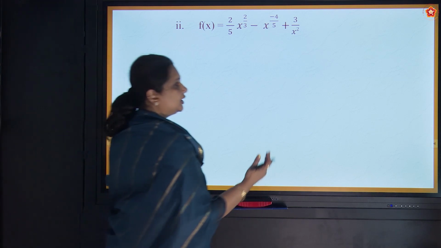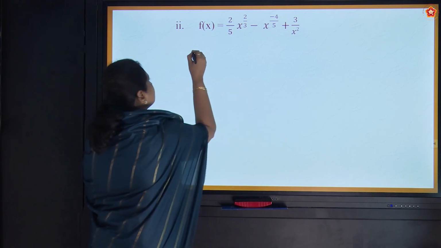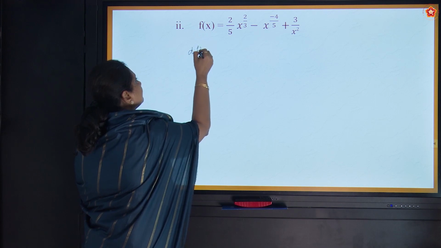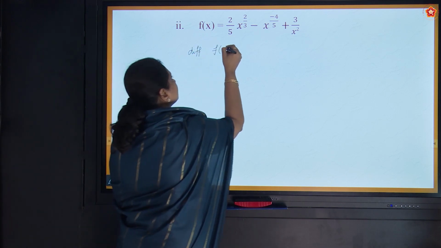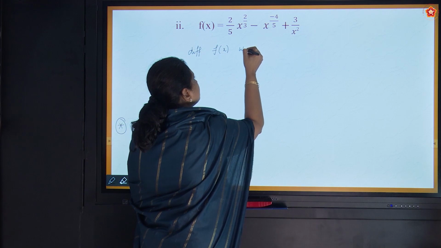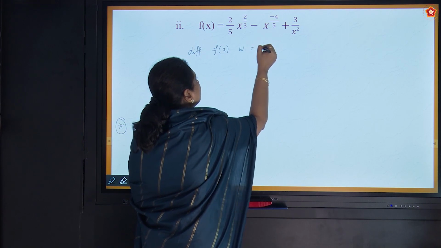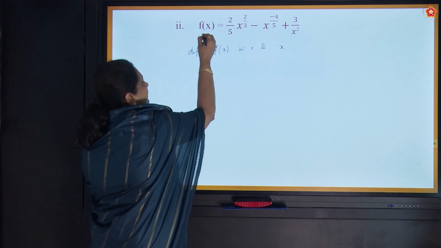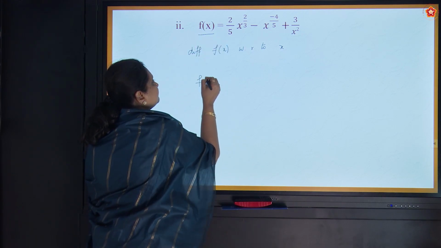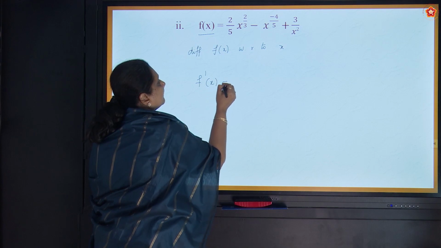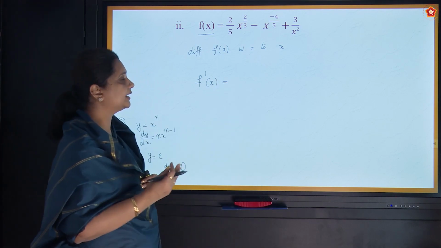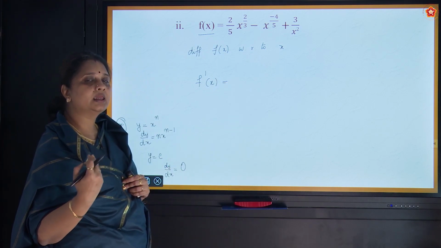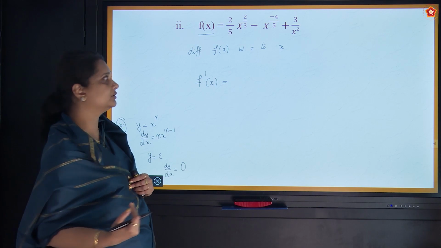So let me differentiate this. So differentiating f of x with respect to x, I get f dash of x is equal to, on the right hand side I have 3 terms. Each and every term I'm going to differentiate.